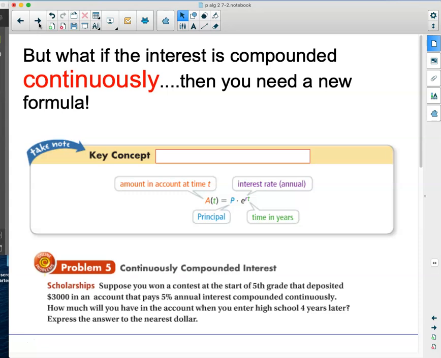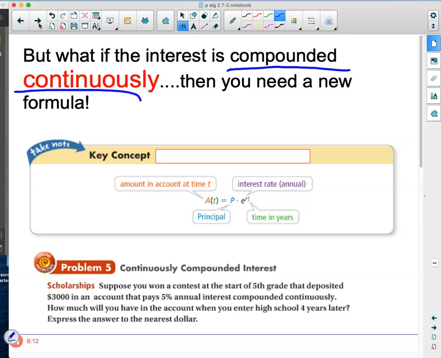Now, these are 2 really important words, because part of this test is going to be several interest problems that are going to look like word problems, and we have to know which formula gets used for what. To use Euler's formula, we have to see the words compounded continuously. Now, they might reverse them and say continuously compounded. It means the same thing.